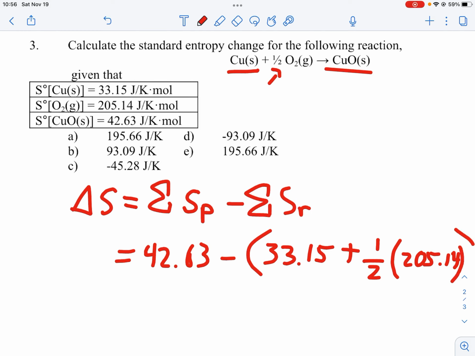And you would just put that in your calculator, and it'd be a pretty easy problem on a test. So put in 42.63 minus parentheses 33.15 plus 0.5 times 205.14 end parentheses. And you would get negative 93.09. And we can see that's option D.